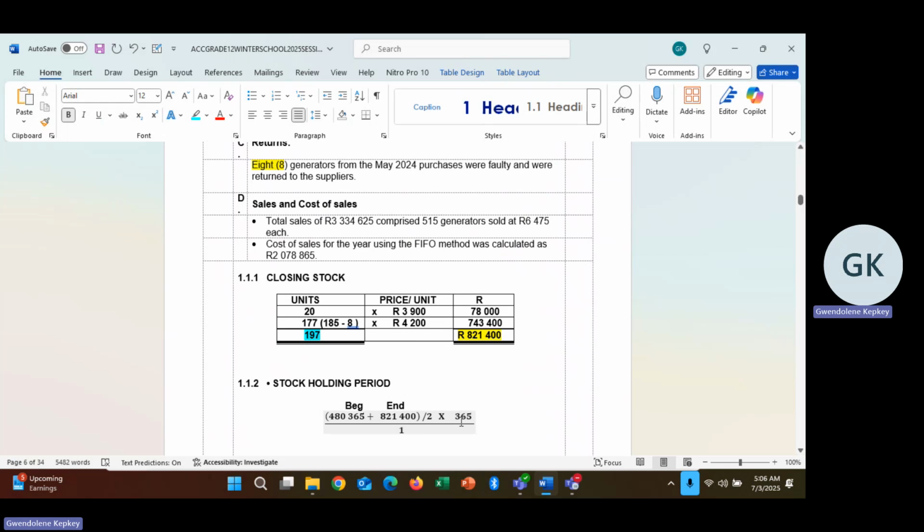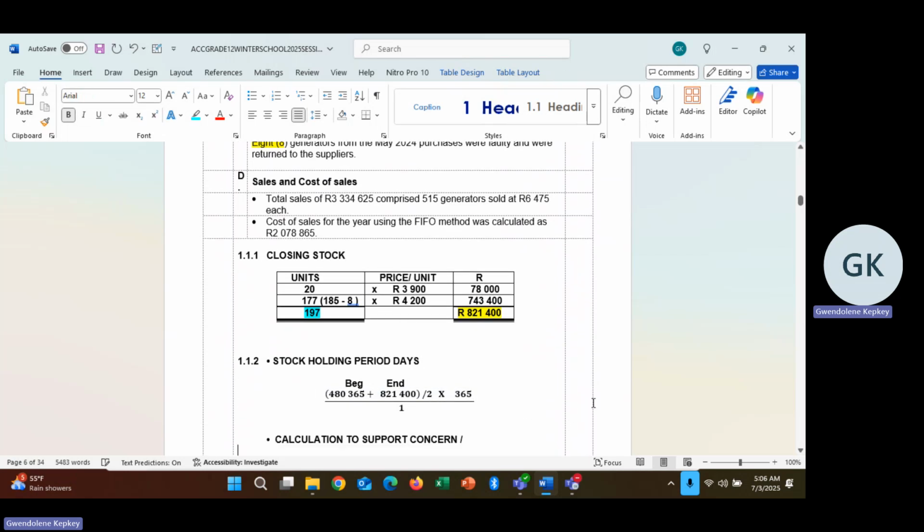Why are we multiplying it by 365 over 1? You know for a fact that my stock holding period can be in days. Usually it is in days. Some learners prefer to do the calculation and give it in months. We're going to stick to days for today.